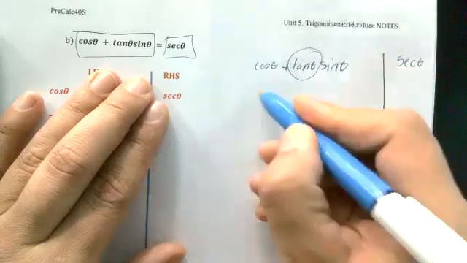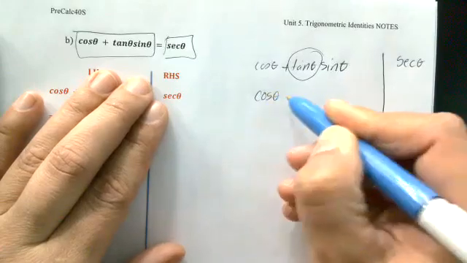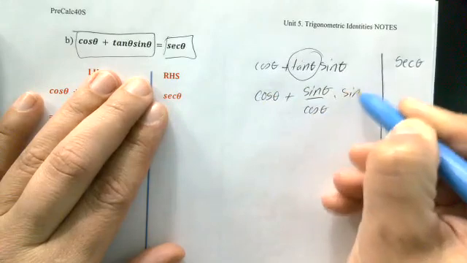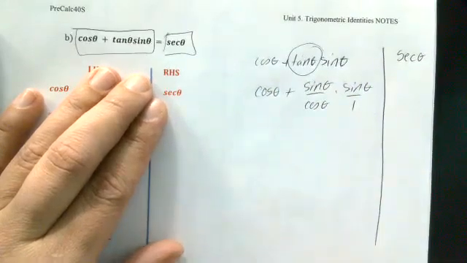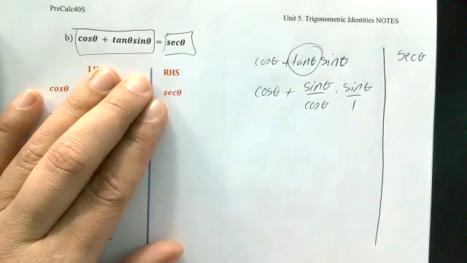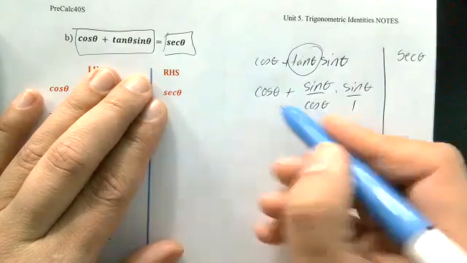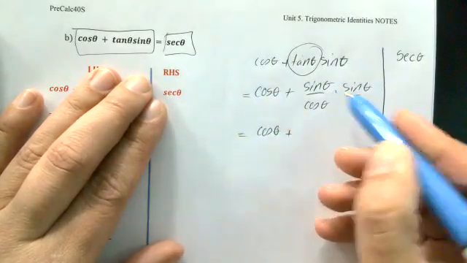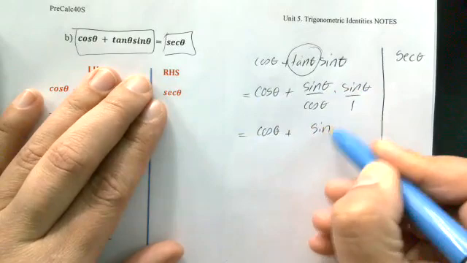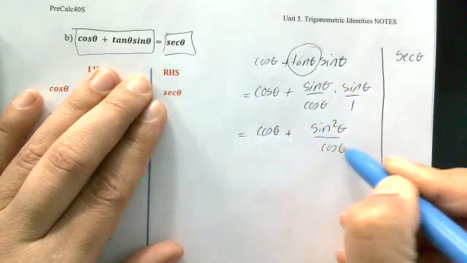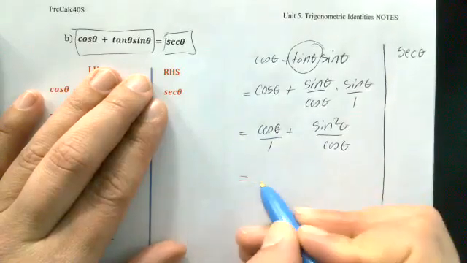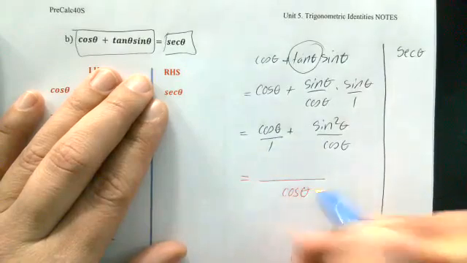The tangent we write in terms of sine and cosine. And then we put them together. Sine times sine is sine squared theta over cos theta. I think we've done something similar in our simplifying of expressions. So the common denominator is cos of theta.